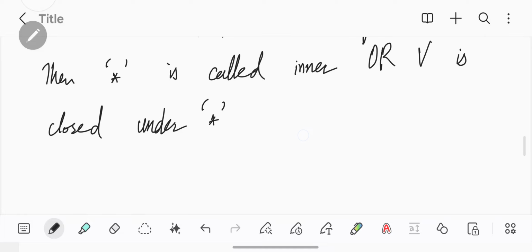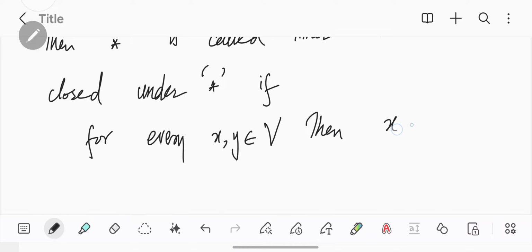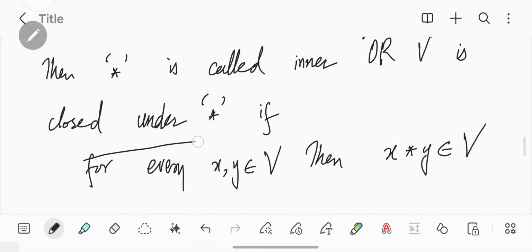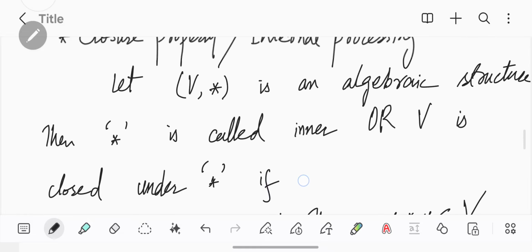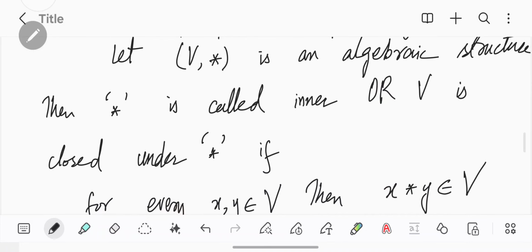V is closed under star if for every two elements x and y of V, that means if you pick any two elements from the set V, then x star y must also belong to V. If this property is satisfied, then we say that star is an inner operation, or that V is closed under star.